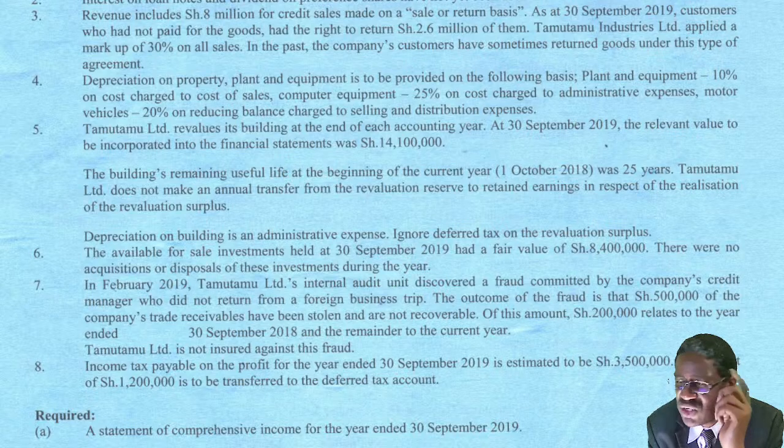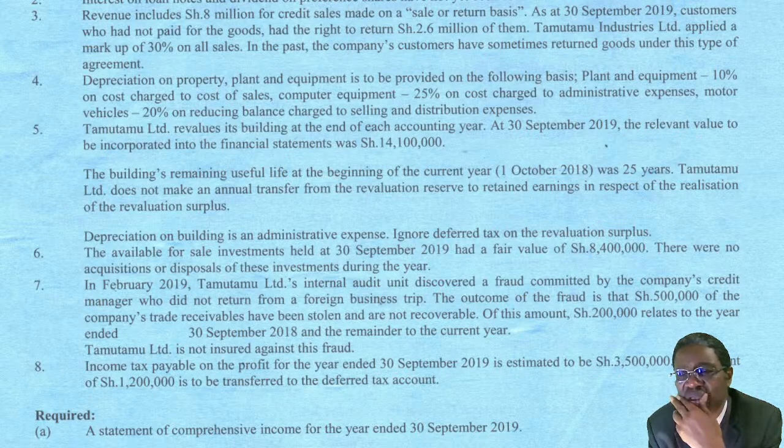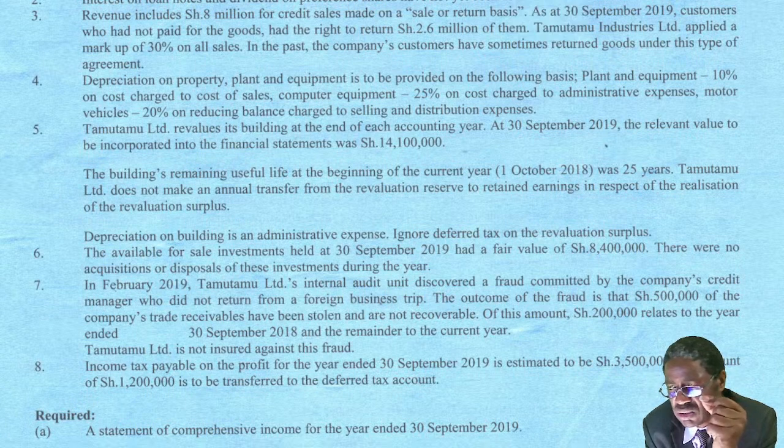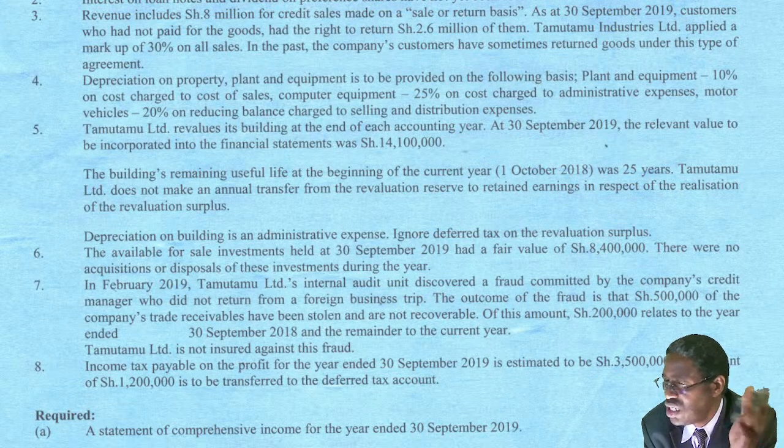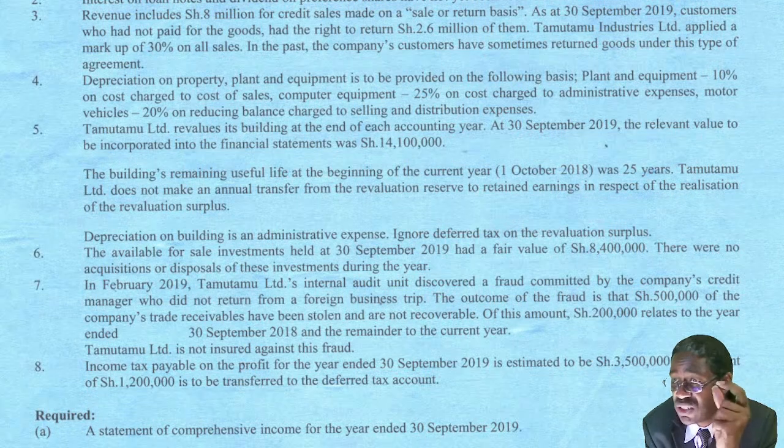Listen, I want to read it again so that you understand it. In February 2019, which is of course part of this year, Tamtam Limited internal audit discovered a fraud committed by who? By the company's credit manager, who did not return from a foreign trip. The outcome of the fraud revealed what?